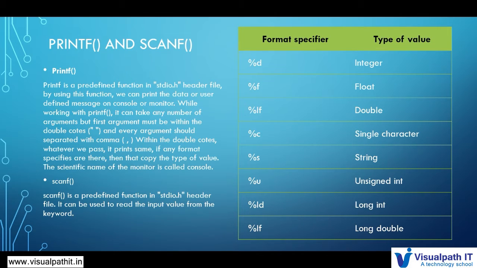Whatever you want to fetch from the user, like if you want to compute the area of a triangle and take the inputs length, breadth and height from the user, we can use the scanf function. We have already seen how it works, so let's see it once more.